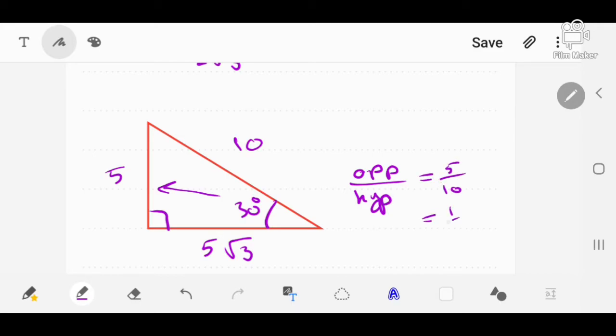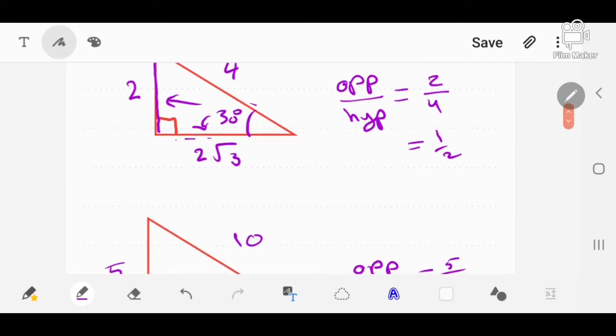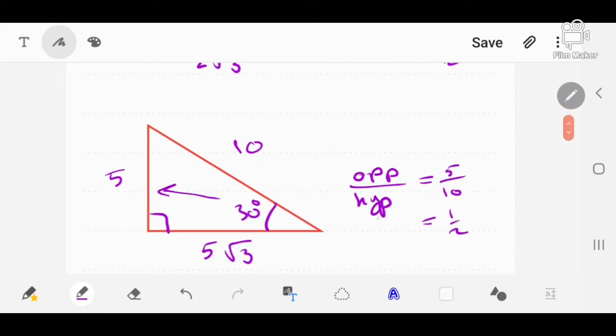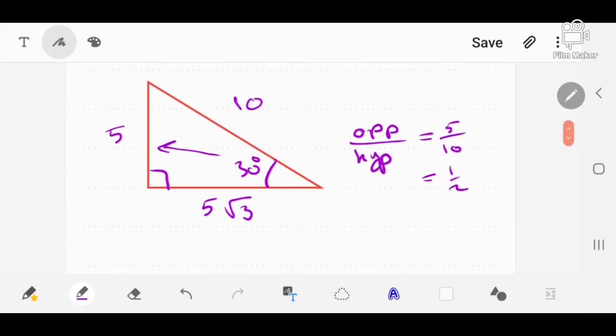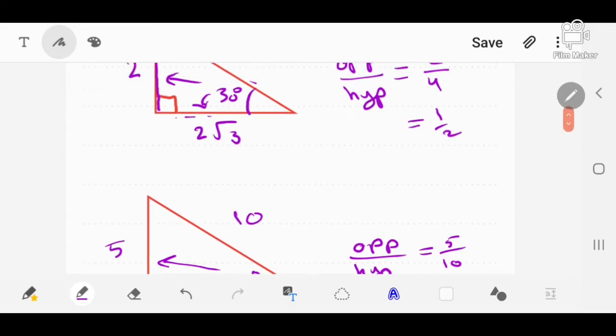This will also give you opposite over hypotenuse, 2 out of 4, which is still half. So the ratio between the opposite side and the hypotenuse of 30 will always be half. That will be true all the time. Also, the ratio between the adjacent side and the hypotenuse will always be constant, and that will be radical 3 over 2 for 30 here, if you try to simplify it.